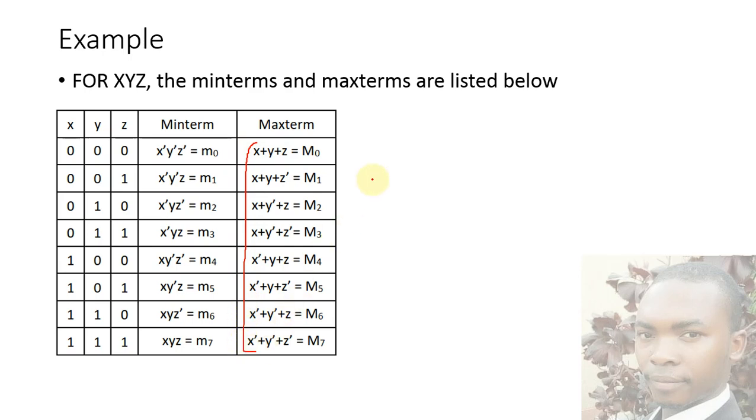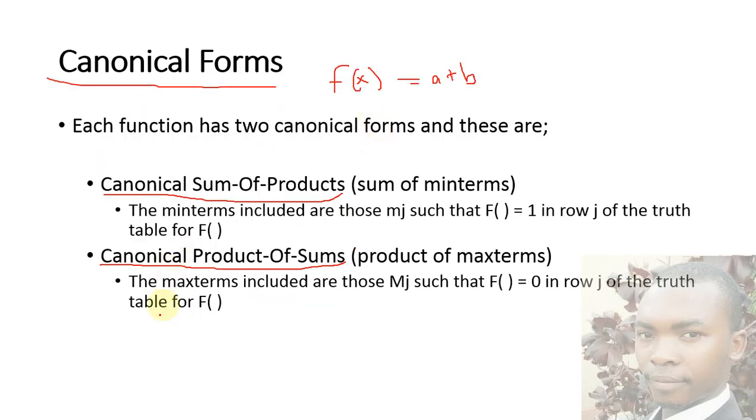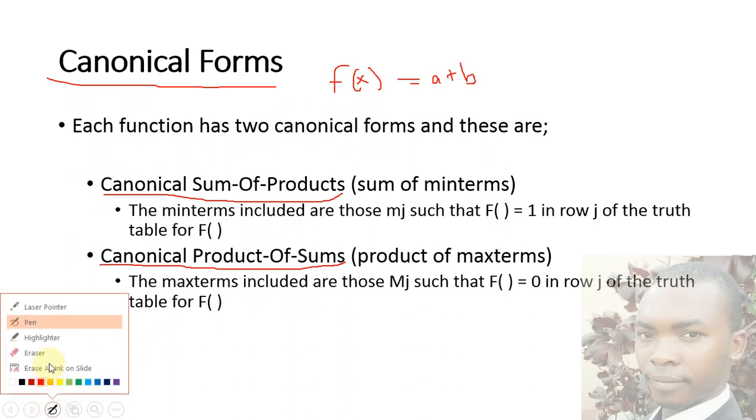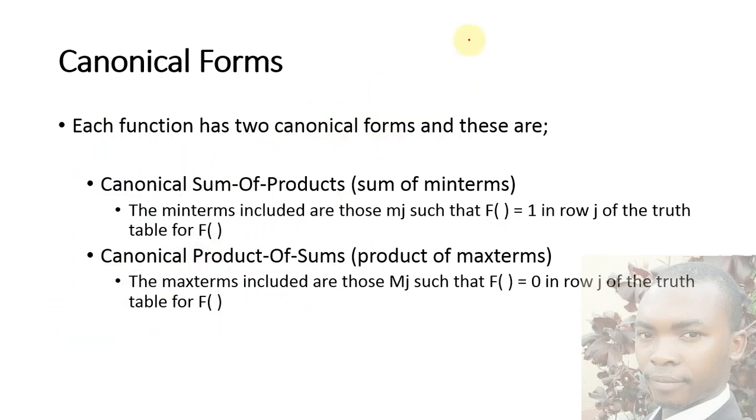You can say f of x is equal to this times that times that, or you can add these ones. So you derive all these ones and then you add them. Let's say this was a and this was b, so I can get its canonical form from here.